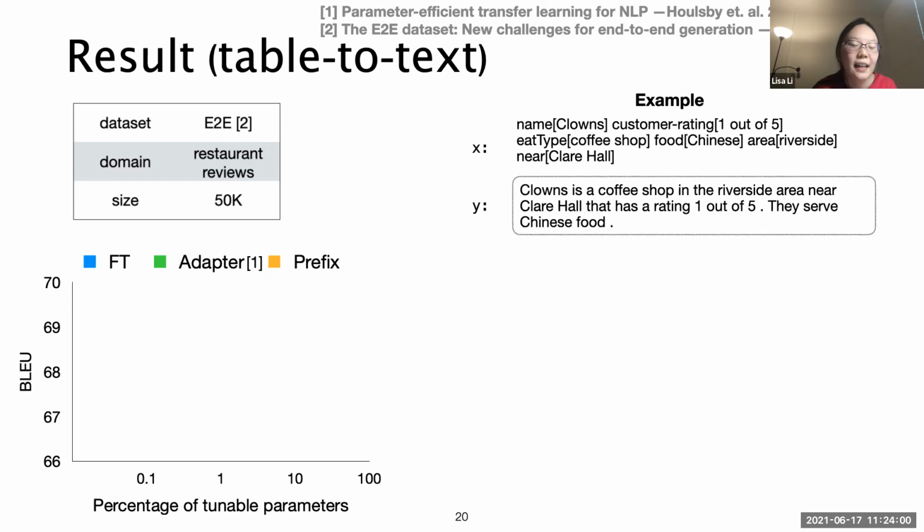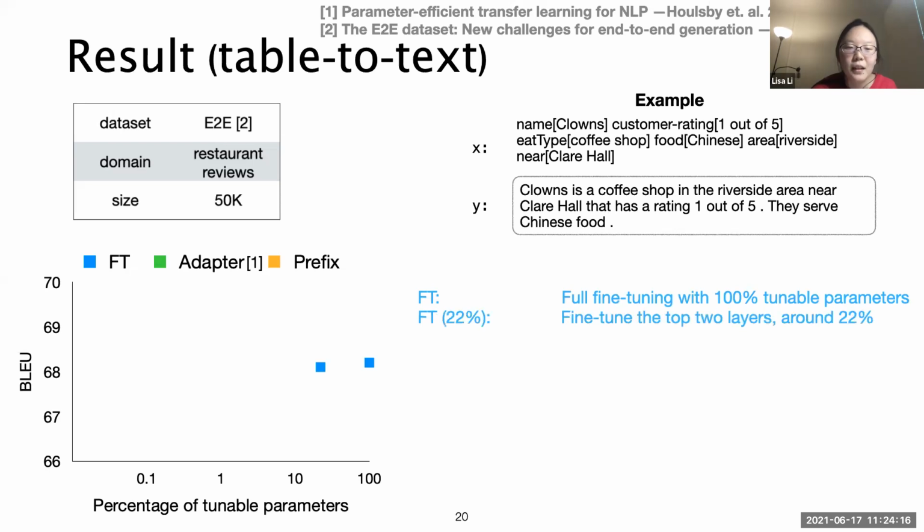The x-axis is the percentage of trainable parameters, and the y-axis is generation performance evaluated using BLEU. The blue dot represents full fine-tuning with 100% trainable parameters. The left blue dot represents fine-tuning just the top 2 layers, taking around 22% trainable parameters.